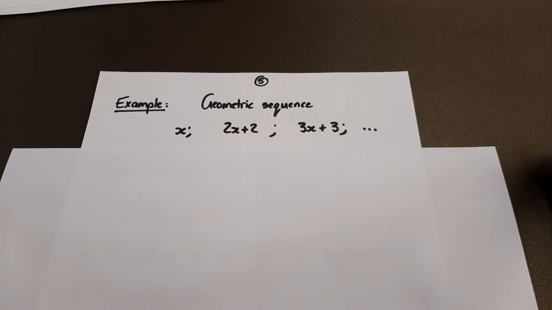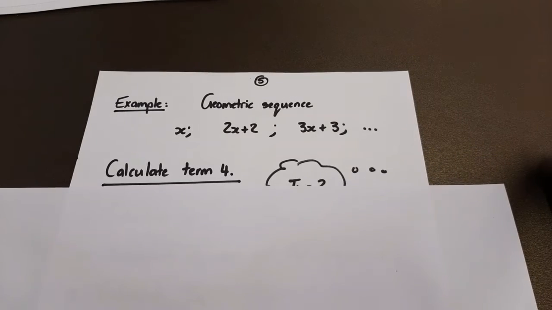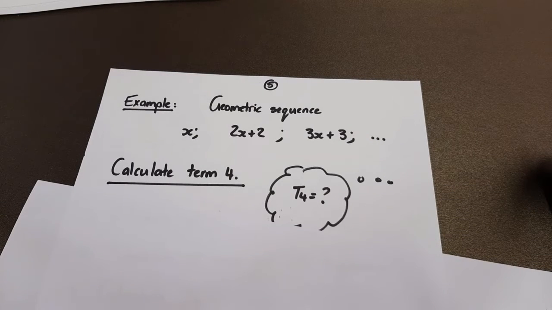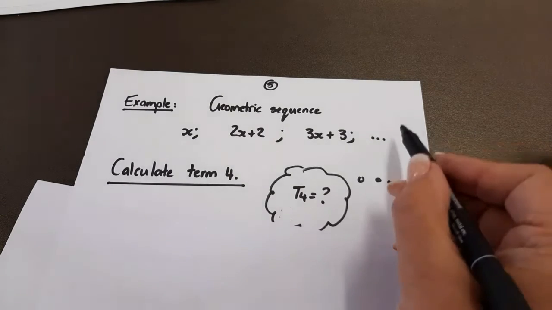In the next example, I state that we have a geometrical sequence, x, 2x plus 2, and 3x plus 3. And the question is, calculate term 4. So you need to work out the 4th term, this one.